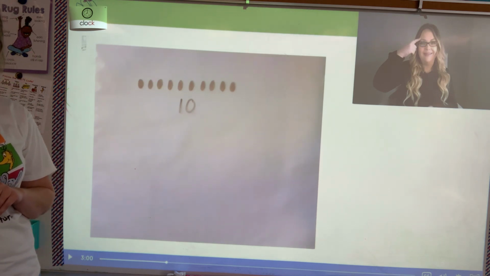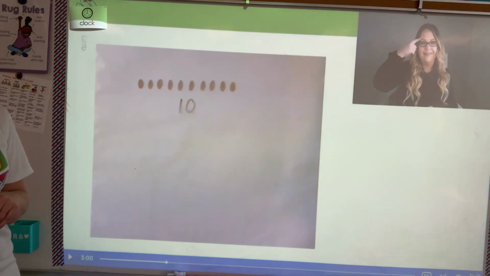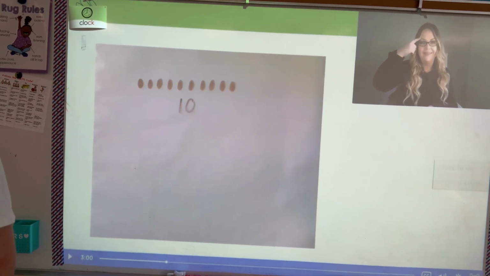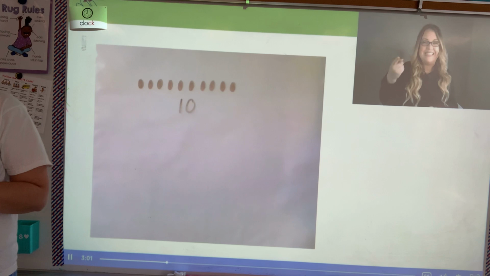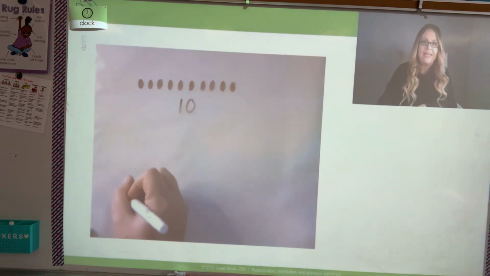How many were in her other hand? 4. So it's 6 or 4. Let's see what Miss Hawkins says. 6. So we want to make sure and show our 6 beans right here.